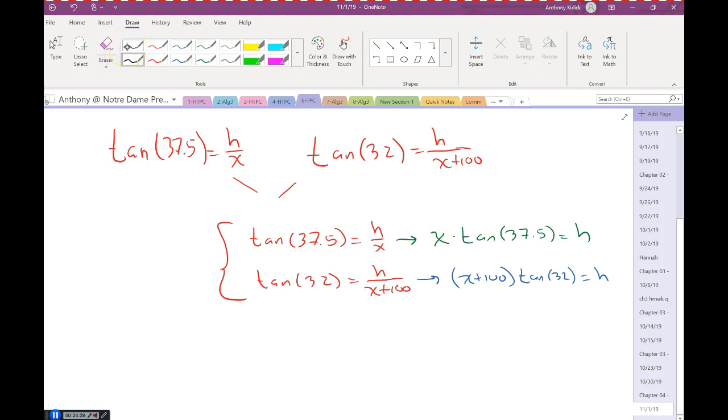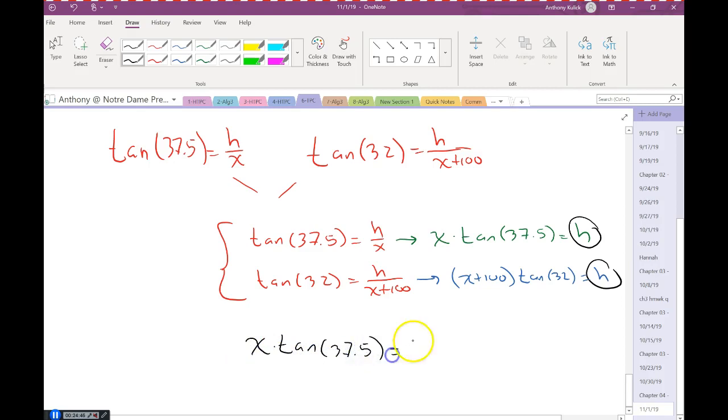So what are we going to substitute? Notice both of these equations are just equal to h, right? So what can I say then? I can say that their left-hand sides are going to be equal, right? If they're both equal to h, they must be equal to each other. Everybody okay with the substitution that I made there? Not too bad a one, right? Hopefully it was pretty obvious.